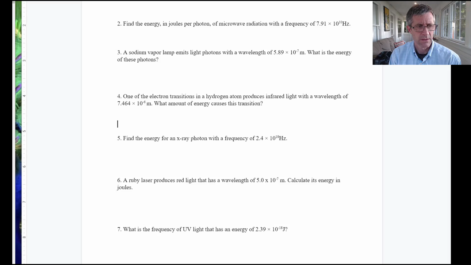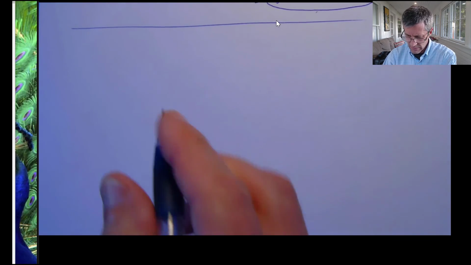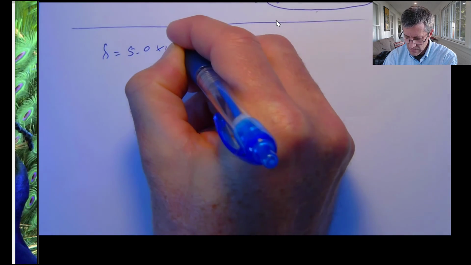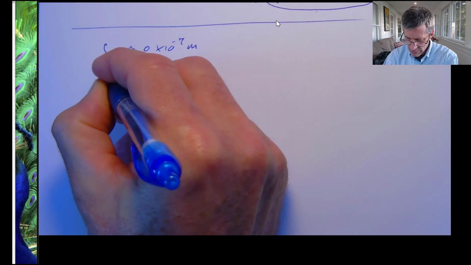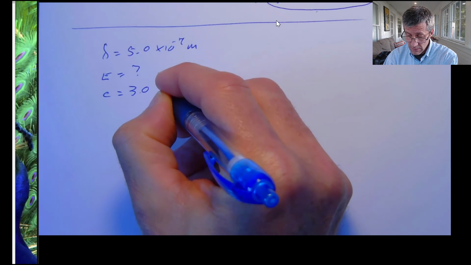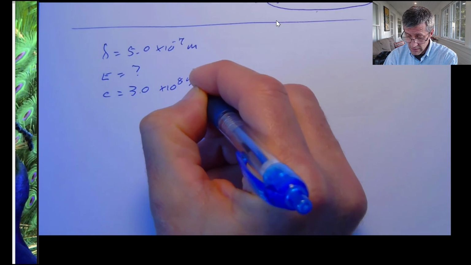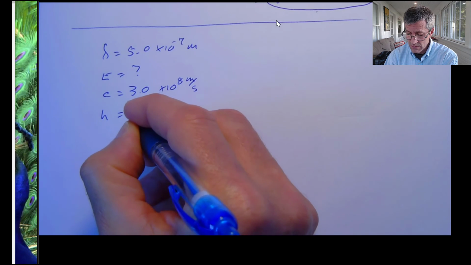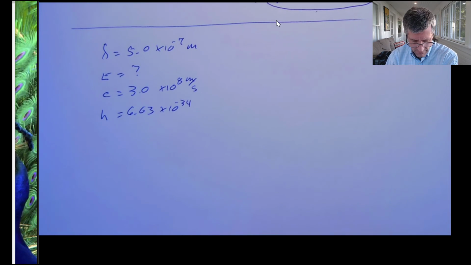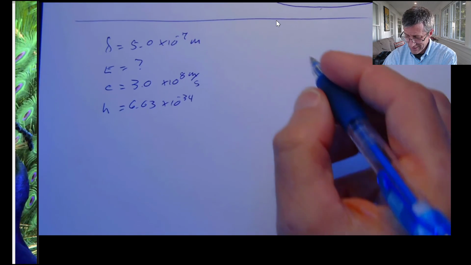So here we go. They're telling me the wavelength is equal to 5 times 10 to the minus 7 meters. I want to find energy, and I'm going to need the speed of light, 3.0 times 10 to the 8th meters per second, and Planck's constant, 6.63 times 10 to the minus 34.